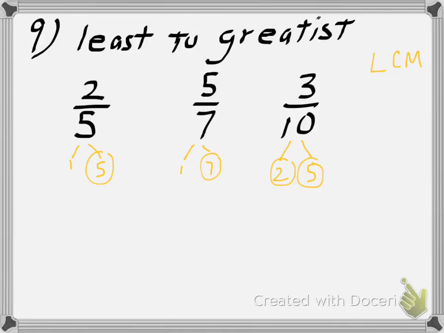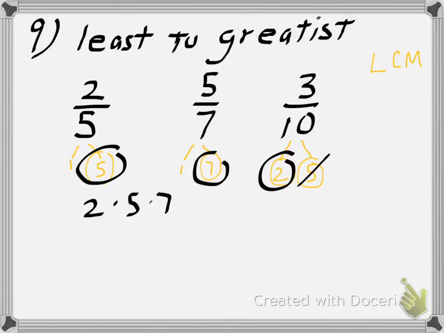So we take the most 2's, which are right here, and the most, no 3's, so the most 5's. They both have the same amount, so we just put one of them down. And then the most 7's. And then we're going to multiply this to find the least common multiple. So 2 times 5 is 10, times 7 is 70.